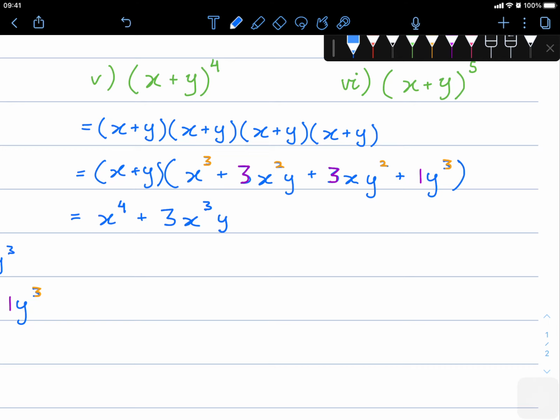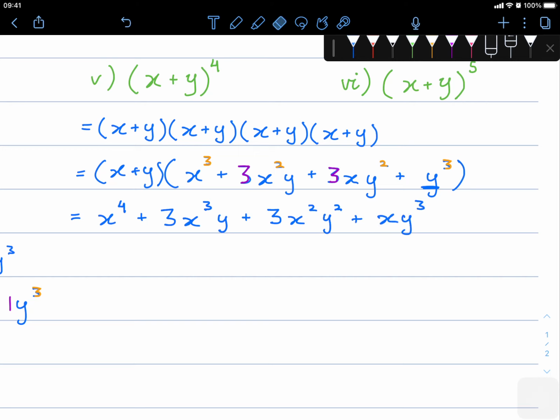Multiplying these very carefully, x times 3xy squared is going to become 3x squared y squared, and x times y cubed, or just 1y cubed, we can ignore that one, that's going to become plus xy cubed.